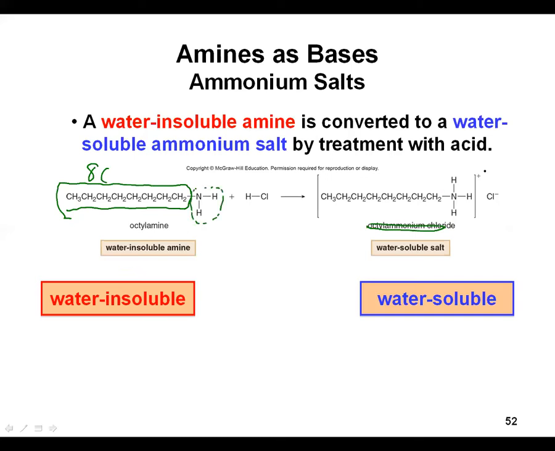But as a process of being protonated, you now almost have an ionic compound. And remember, ionic compounds are pretty soluble in water. So it goes from something insoluble in water to something soluble in water because of that protonation that occurs.